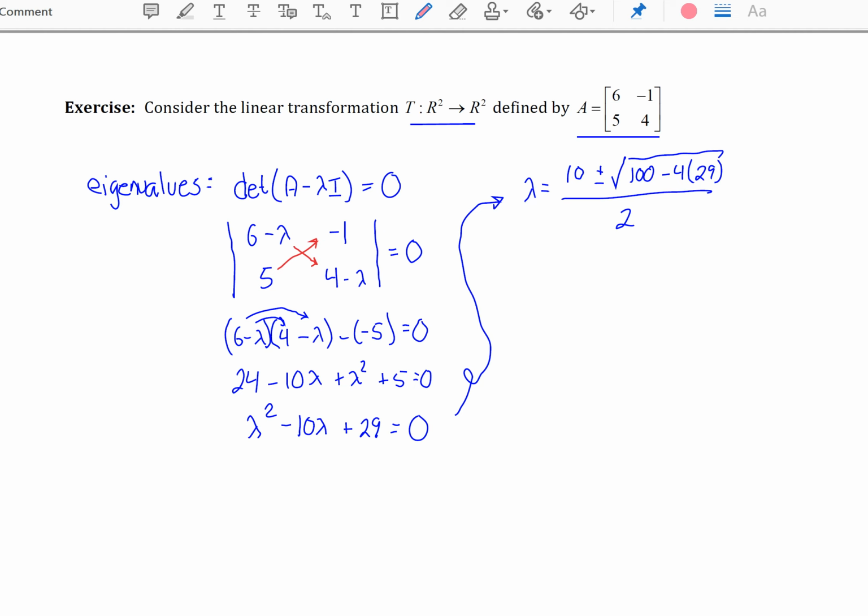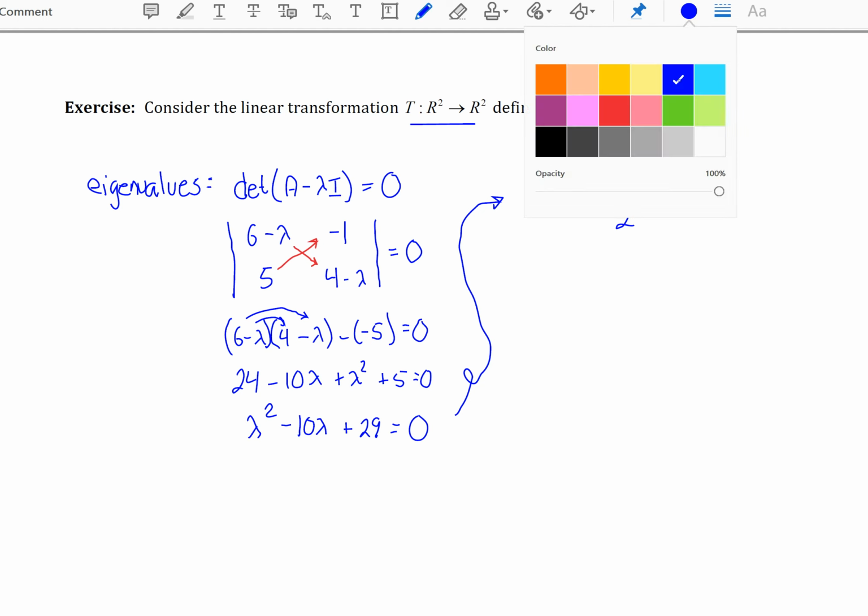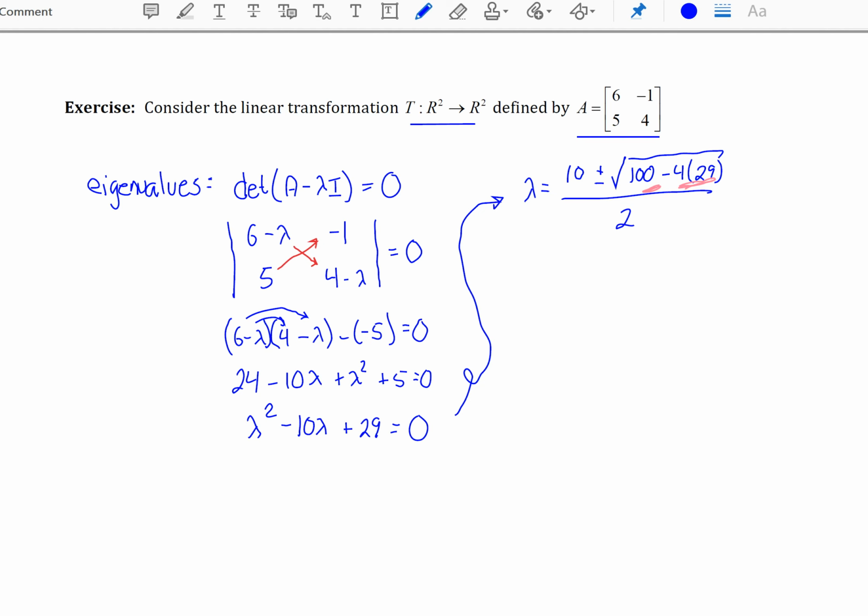Looking at our discriminant, notice that 4 times 29 is 116. So 100 minus 116, this will give us 10 plus or minus the square root of negative 16 all over 2. But the square root of negative 16 will give us a complex number, 4i, all over 2.